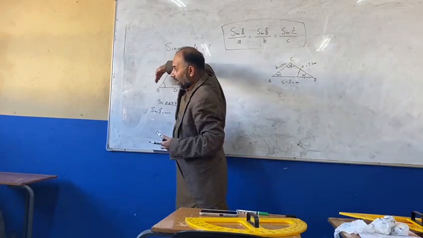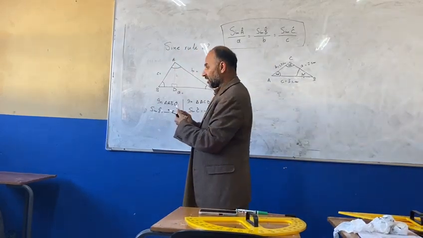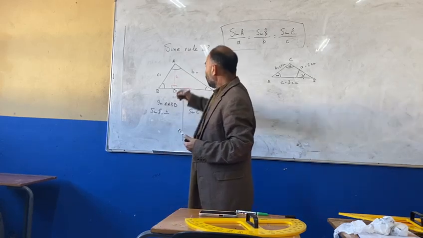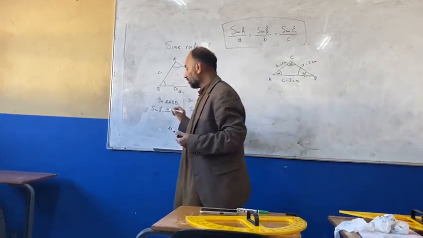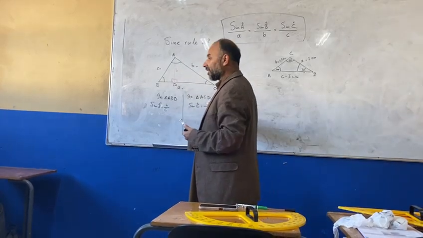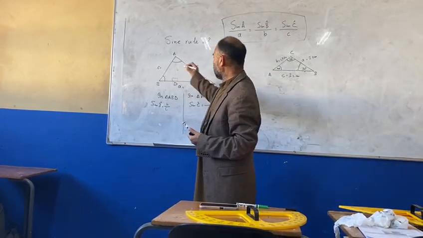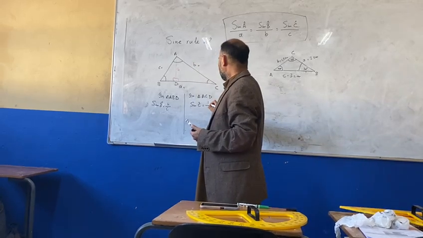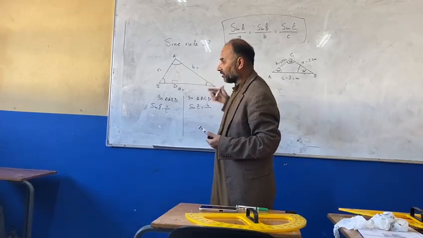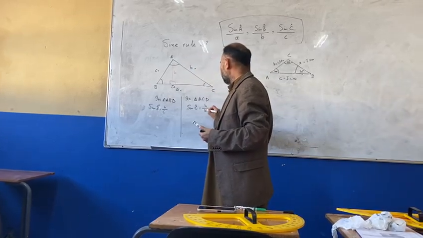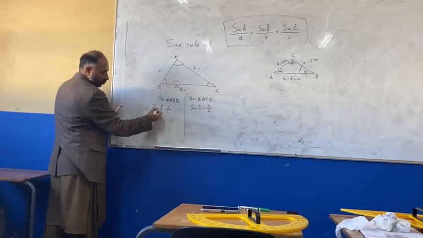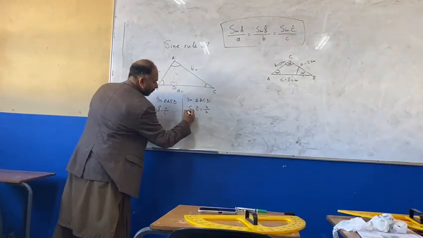Opposite over hypotenuse. What is opposite here? Small h. What is hypotenuse here? Small c. Here, what is your opposite in this triangle? H, divided by what is your hypotenuse in this triangle? Small b.